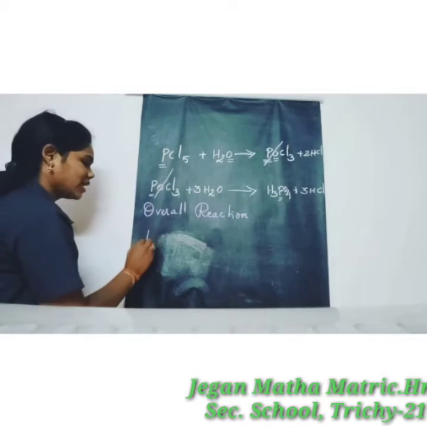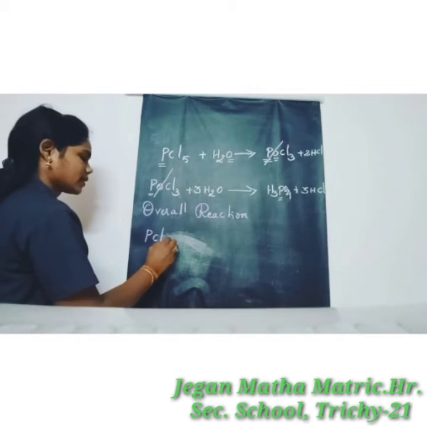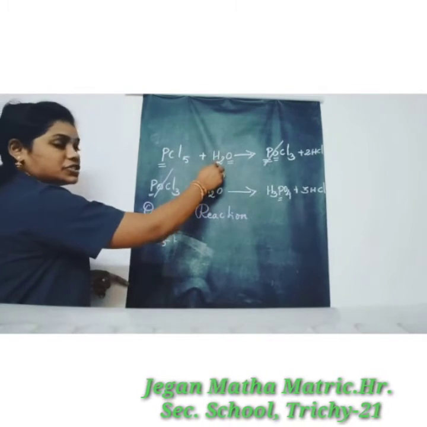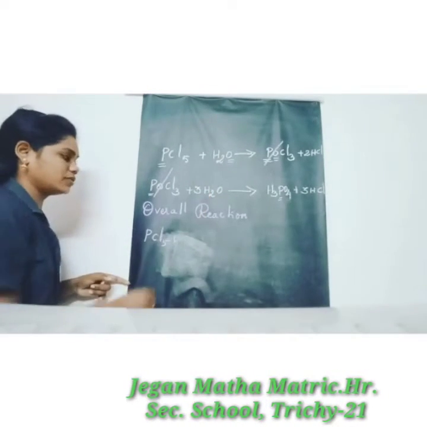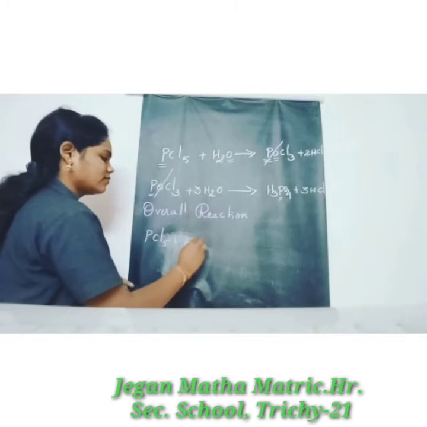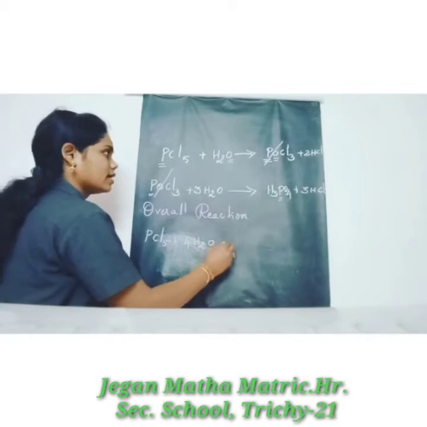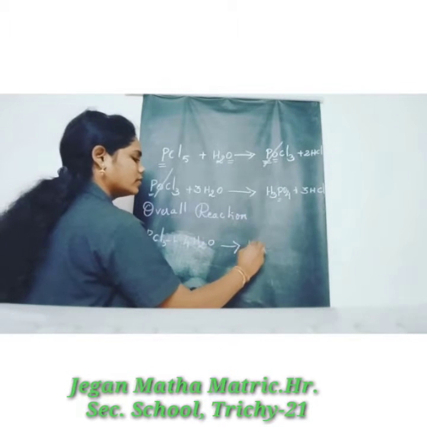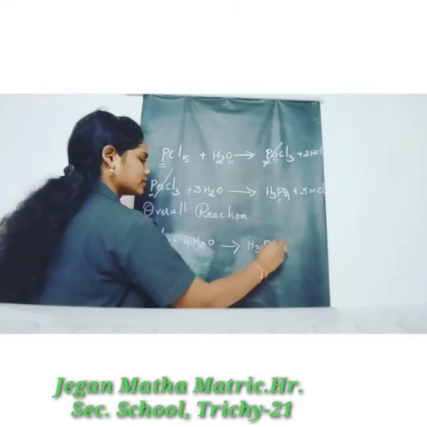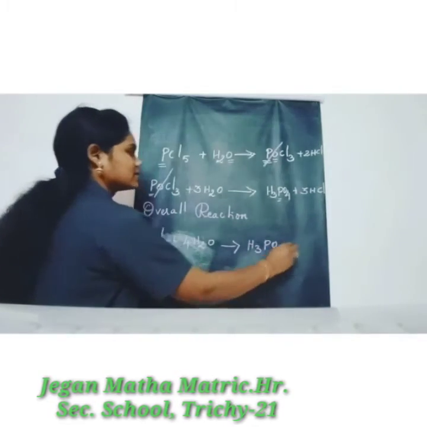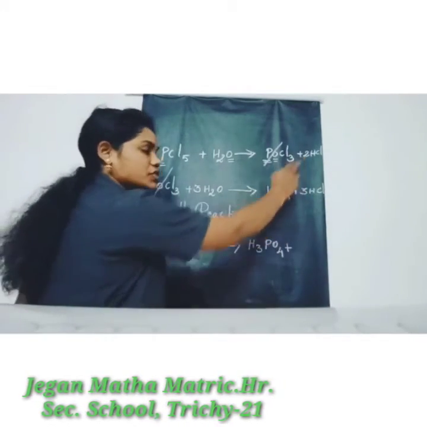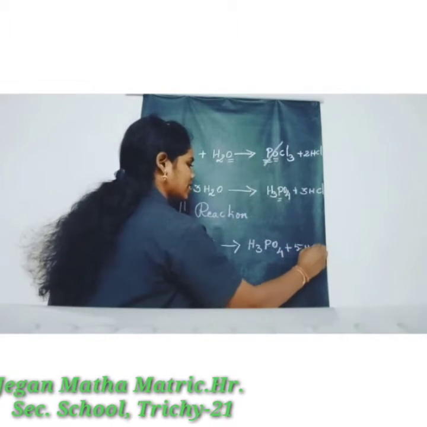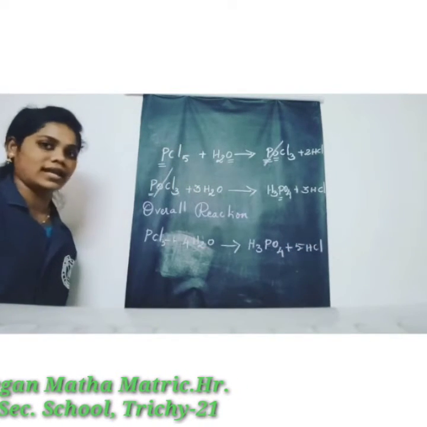Here PCl5 plus H2O plus 3 times of H2O, that is 4 times of H2O, gives here H3PO4 plus here 3 plus 2, 5 times, so 5 times of HCl. So this is the overall reaction.